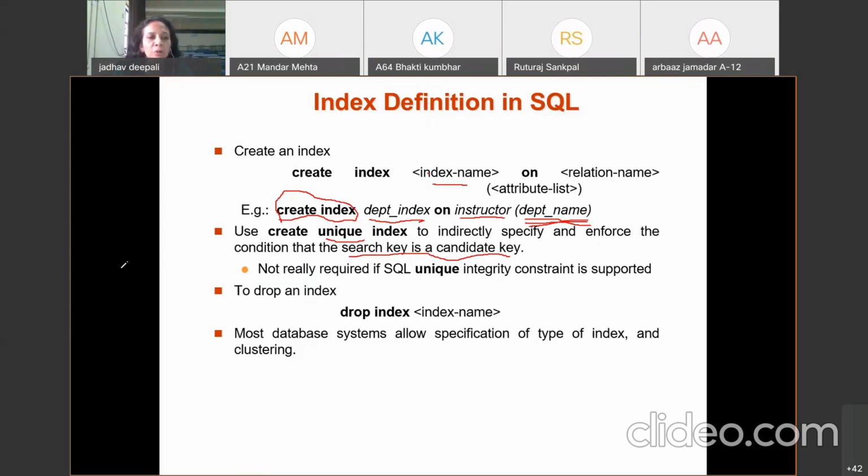Now if we want to drop the index, as we drop a table or a database, in the same way, simple drop index and the name of the index will drop the particular index you have created. For example, we have created department index. So in this way we can create the index and we can drop the index. Most database systems allow all types of indices.